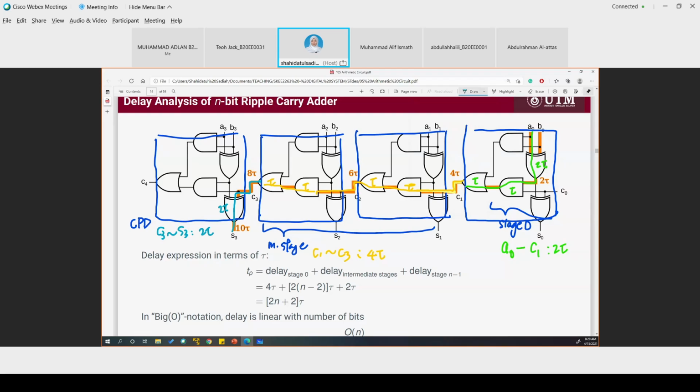So for a 4-bit ripple carry adder, the delay is 10 tau. And in general, we can calculate the propagation delay of an n-bit ripple carry adder using this formula.